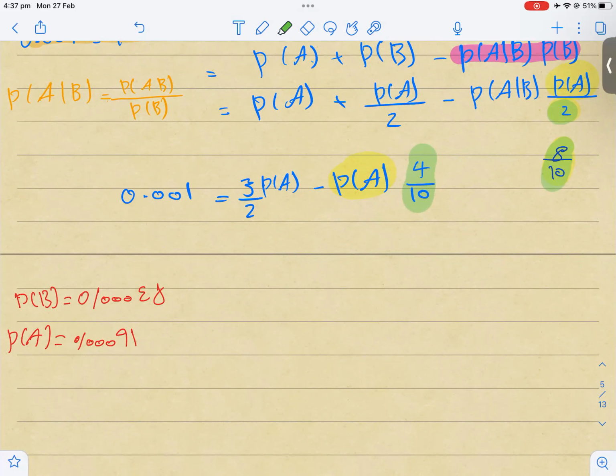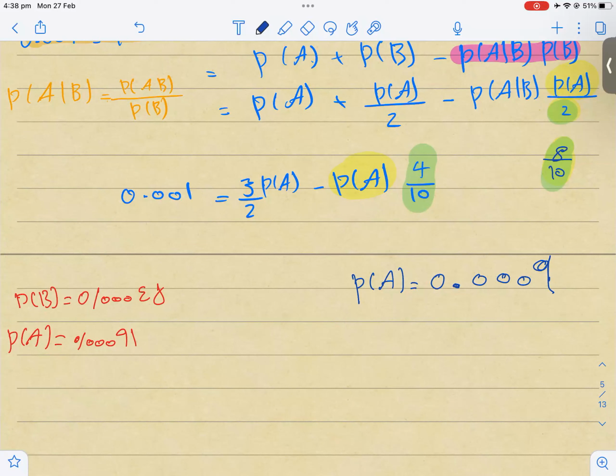You've got some calculator, maybe. 0.9. Okay, 0.9.